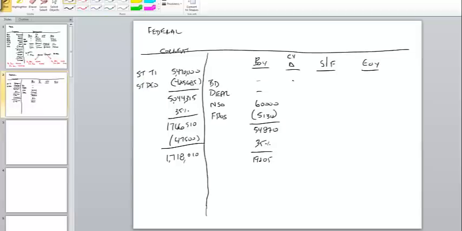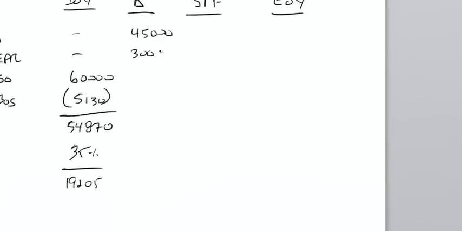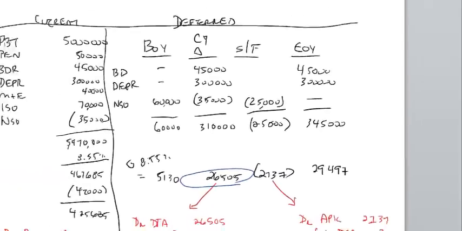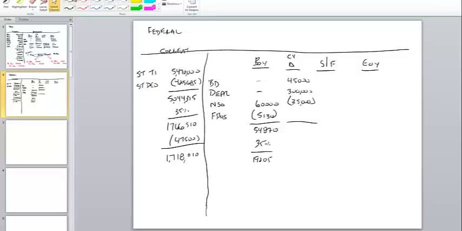Okay, so for activity during the course of the year, I've got 45,000 for bad debts, 300,000 for depreciation, 35,000 for my NSO movement. And then on the state side, again, you'd have to flip back to the prior page, but my movement in states is 26,505, and that means there's going to be an inverse effect on my federal calculation.